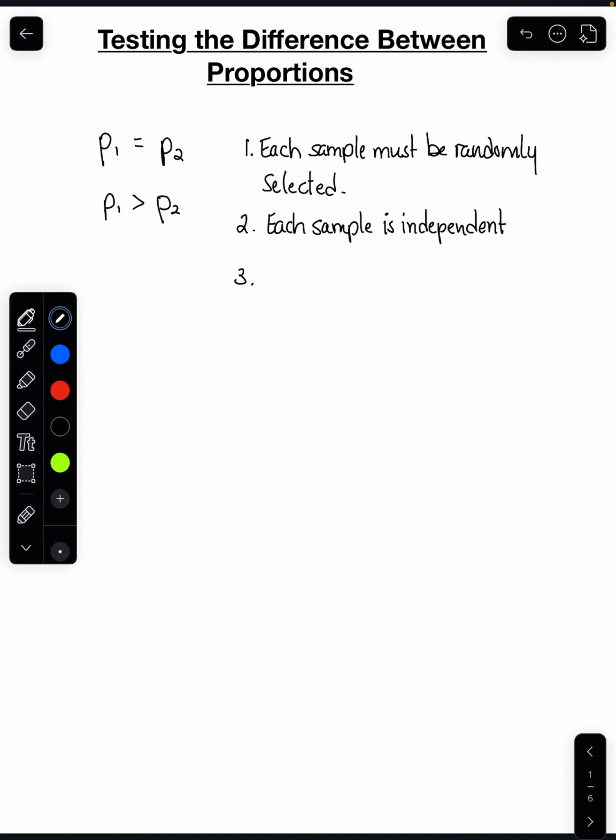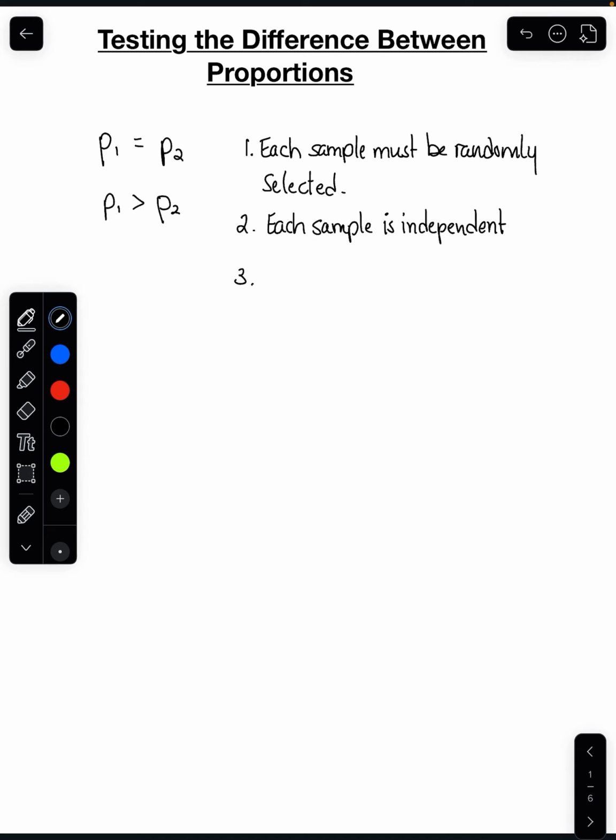Those requirements are that the sample size times the probability of success has to be greater than or equal to 5, and the sample size times the probability of failure has to be greater than or equal to 5. And this must be true for both samples.